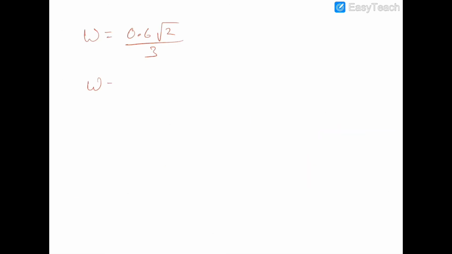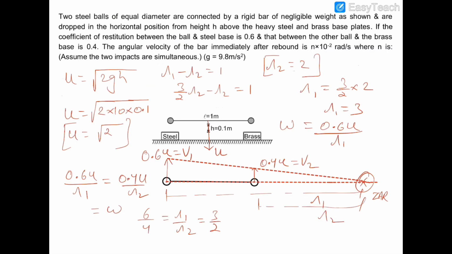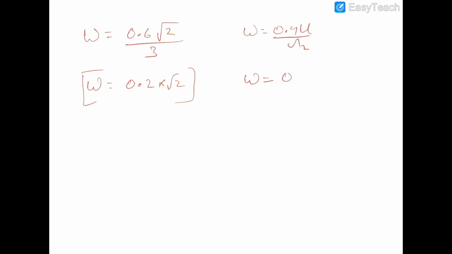So omega will be equal to 0.2 into root 2. And by the other relation, omega is equal to 0.4 U by R2. So omega is equal to 0.4 and R2 is equal to 2, so 0.4 into root 2 by 2. So omega is equal to 0.2 root 2.